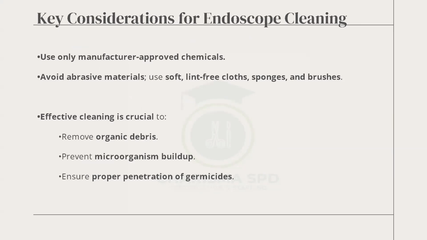Key considerations for endoscope cleaning. So manufacturer IFU, chemical, brush, all the appropriate things. Do that. Avoid abrasive materials. Use soft, lint-free sponges and brushes. In decontam, we have two kinds of brushes, the one that looks like the toothbrushes that we use.